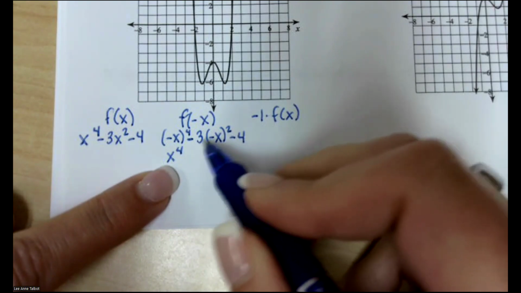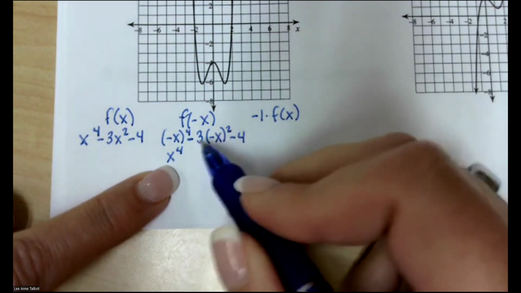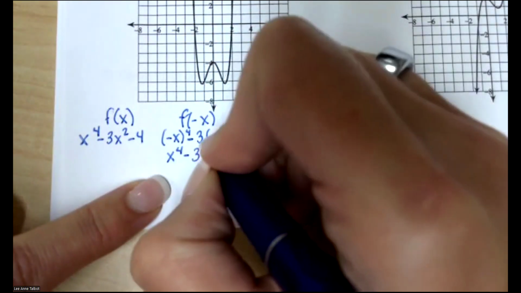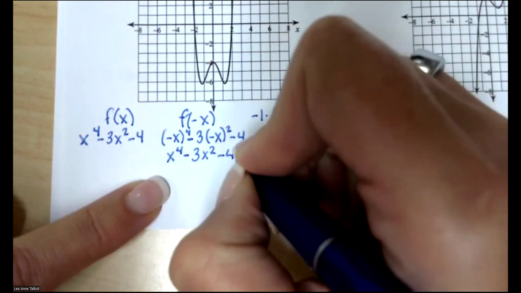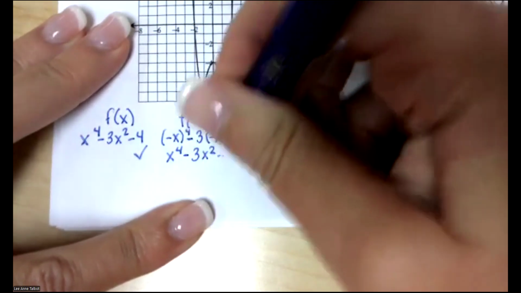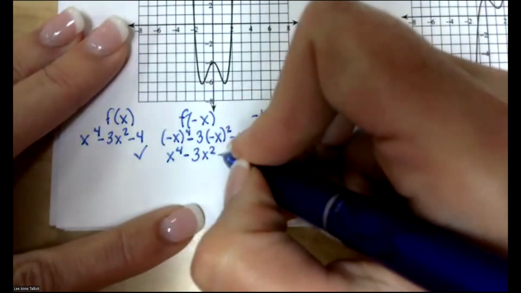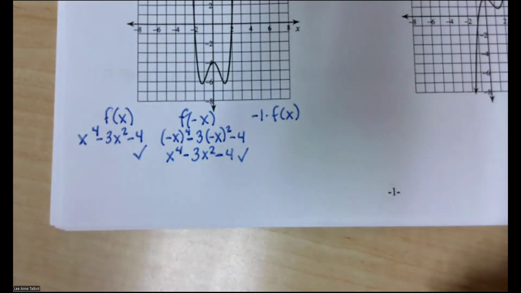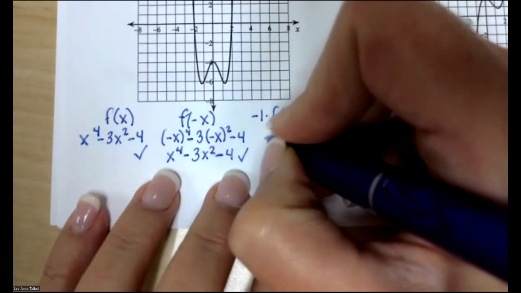How many negatives does this have? Nope, 3, which makes it a negative. And oh no, satisfying already. These two match. Still going to do the last bit for practice.